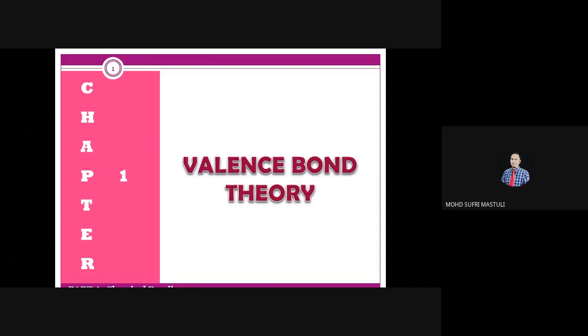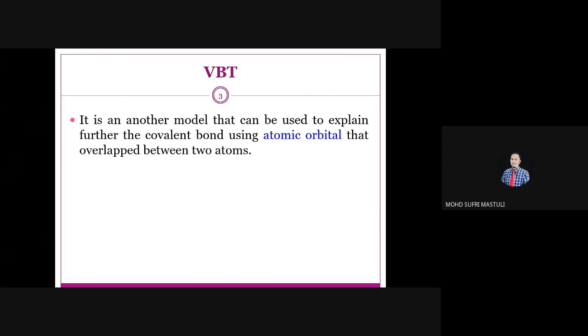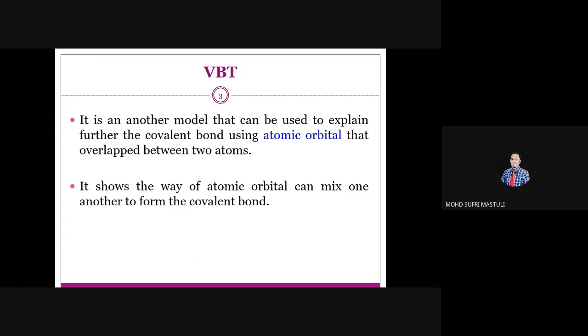Previously we discussed chemical bonding from the molecular formula up to the VSEPR model. We decide the molecular geometry. In the valence bond theory, as we know, we represent the overlapping between two atoms using atomic orbitals of s, p, d, f sometimes.